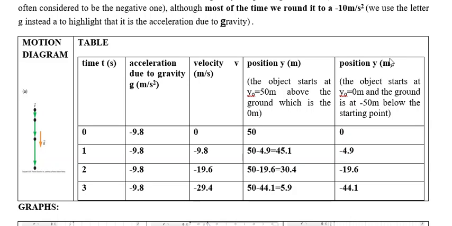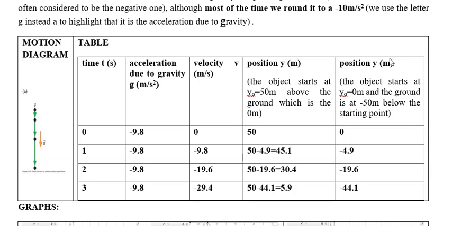We can consider that height to be the zero, and then the ground will be at negative 50 meters, or we can consider the ground to be the zero, and then that position will be positive 50 meters because it's 50 meters above the ground.